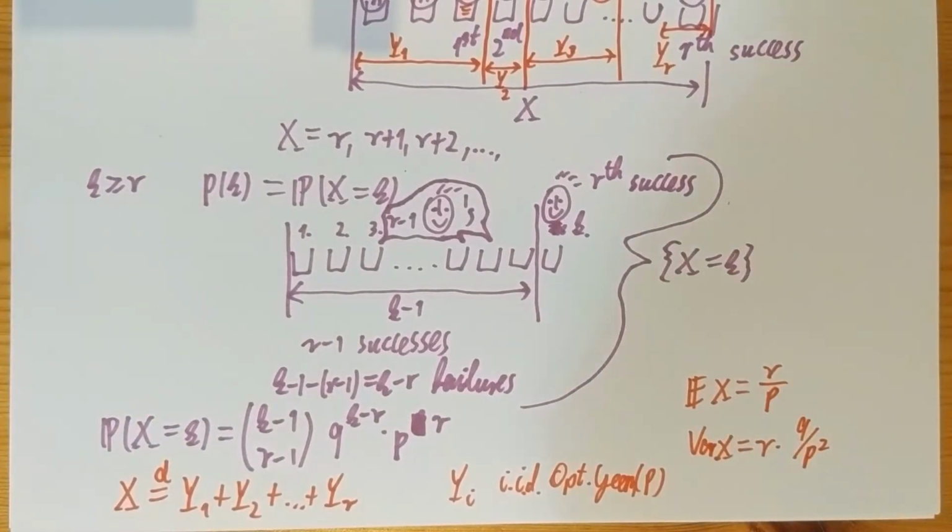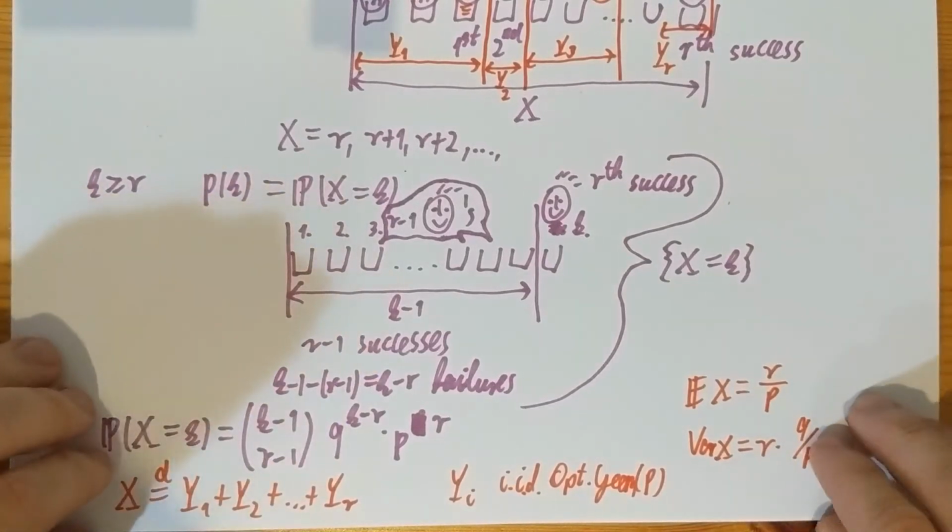Okay. Now, let me proceed to the next distribution, and that is going to be the hypergeometric. So the hypergeometric random variable is a little bit funny.